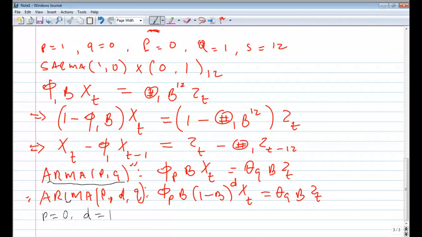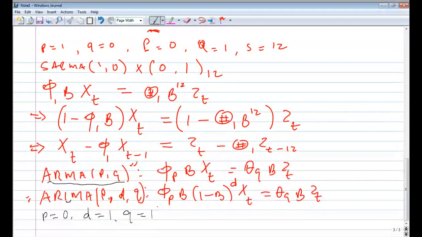So that is why we say D is equal to 1. And our Q is equal to 1. So P equal to 0 simply means that we don't have an autoregressive process. D equal to 1 means that we difference the process only once. And Q equal to 1 means that we have a moving average of order 1.